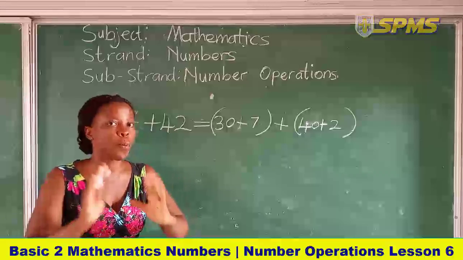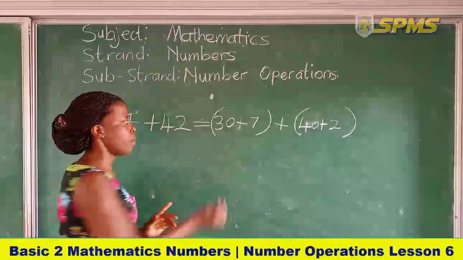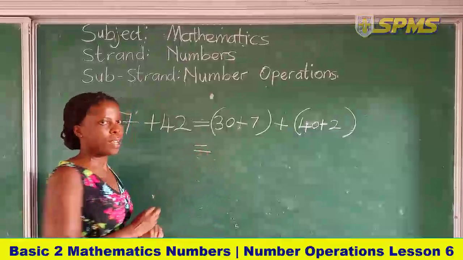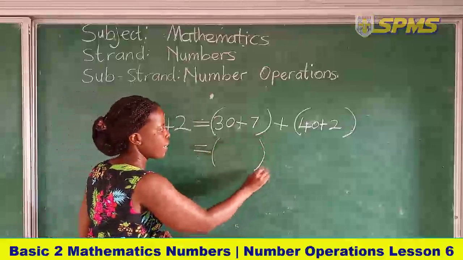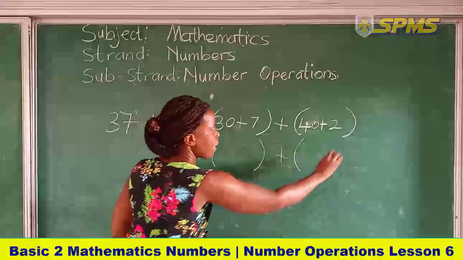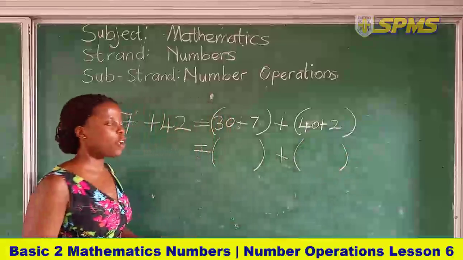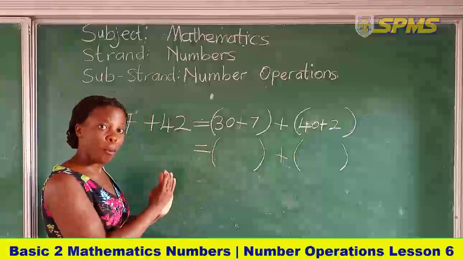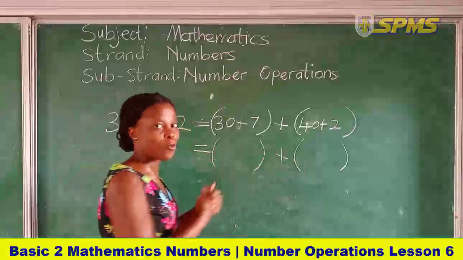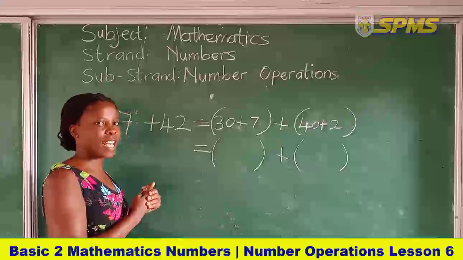We are going to group like terms now. So this brings us to the second equation. You open your bracket again, plus another bracket. Now you're putting all the tens at one side and all the ones at the other side too. So now give me the tens.